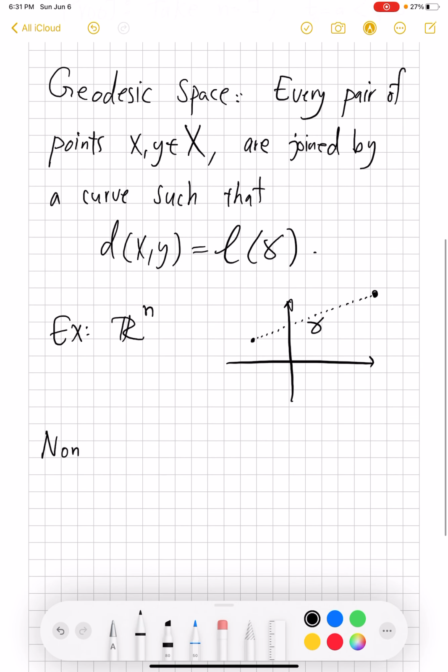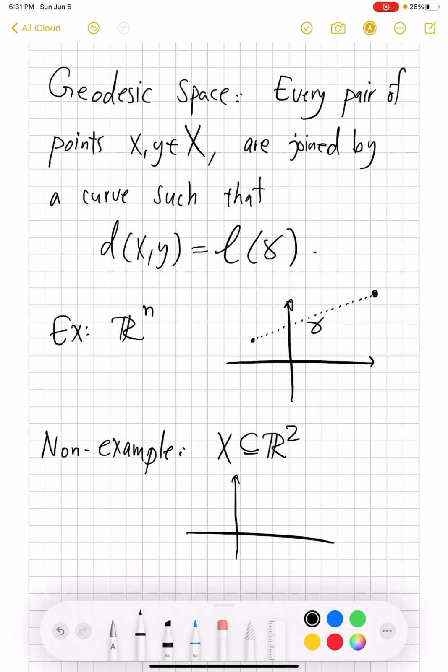Non-example: let's say your metric space is a subset of R2, and it's something like a bent object. This curve is your metric space x, with the distance being just the Euclidean distance.